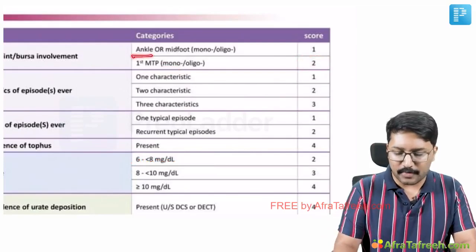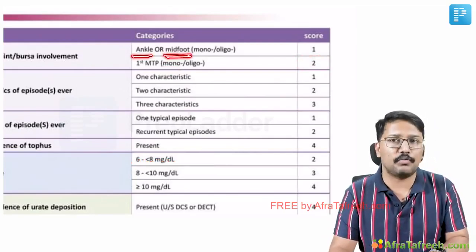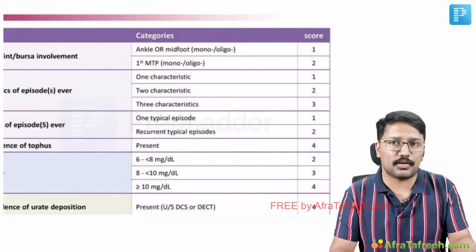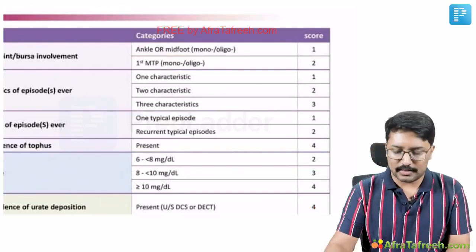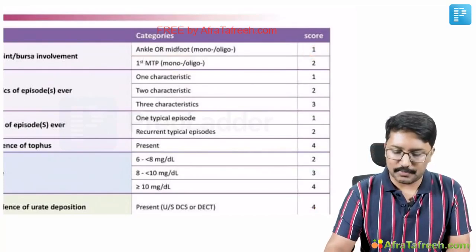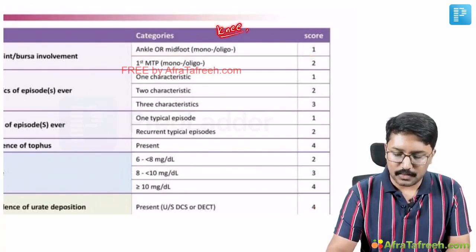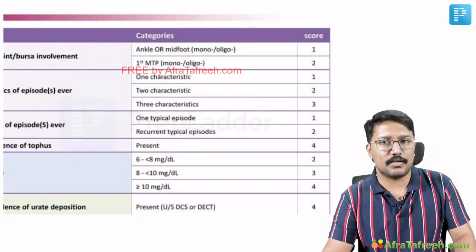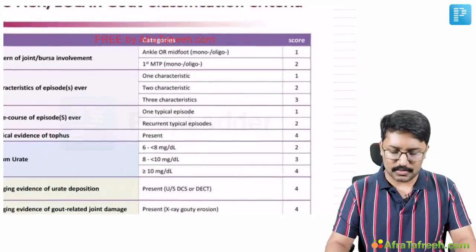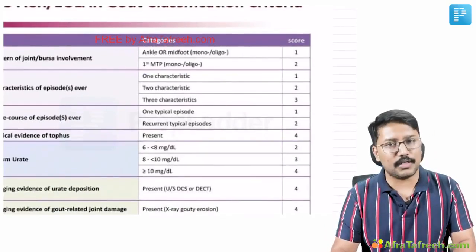Or if there is involvement of ankle or midfoot as part of monoarthritis or as part of oligoarthritis. Monoarthritis, only that joint is involved, or as part of oligoarthritis. In that case, we give a score of 1, right? If there is knee, hip or any other joint involved, we give a score of 0. Clear? Okay. So this first talks about the typical joint involvement.